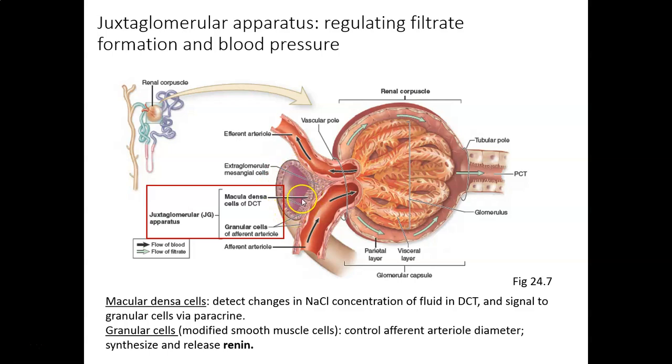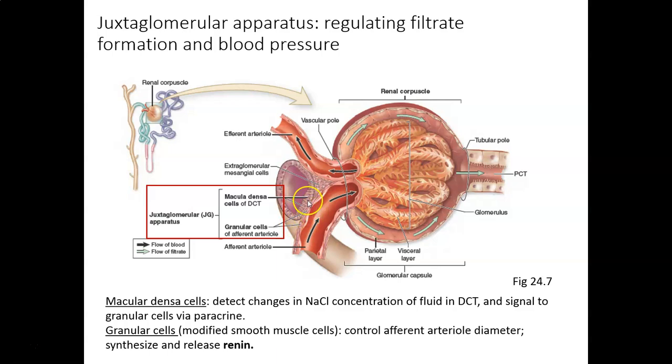So they are a special type of specialized cells called macula densa cells of the DCT, and they touch the backside of those specialized cells of the afferent arteriole called granular cells.